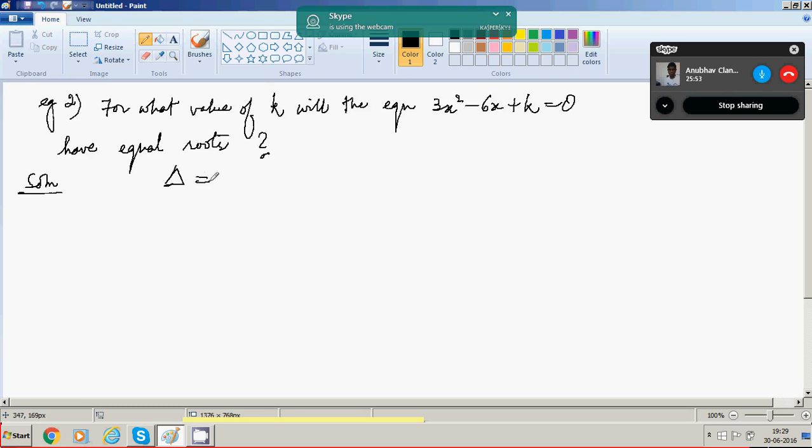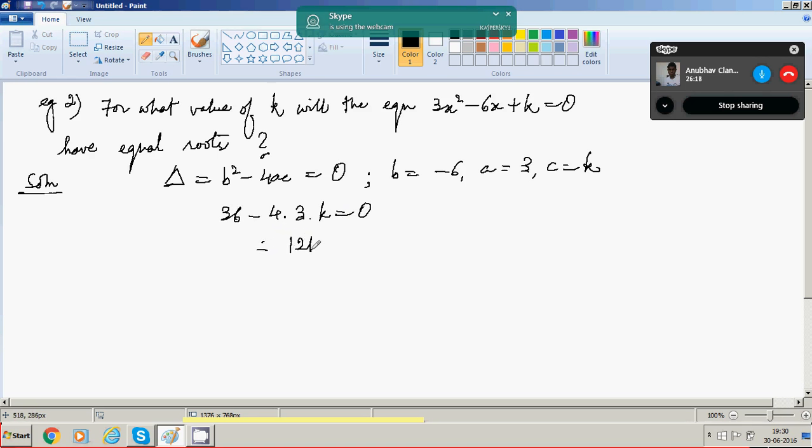So delta equal to b squared minus 4ac ought to be equal to 0. So b equal to minus 6, a equal to 3, c equal to k. So 36 minus 4 times 3 times k equal to 0. So 12k equal to 36. Therefore k equal to 3.